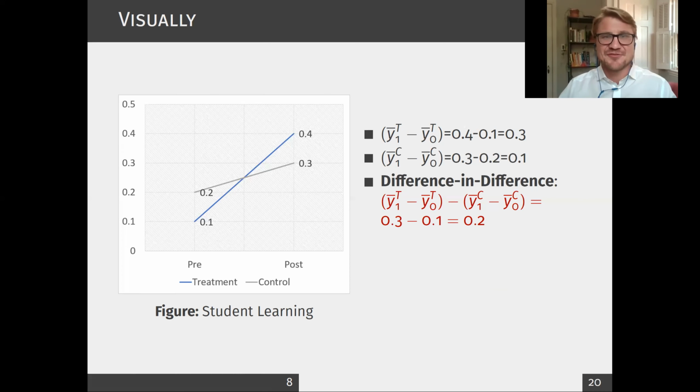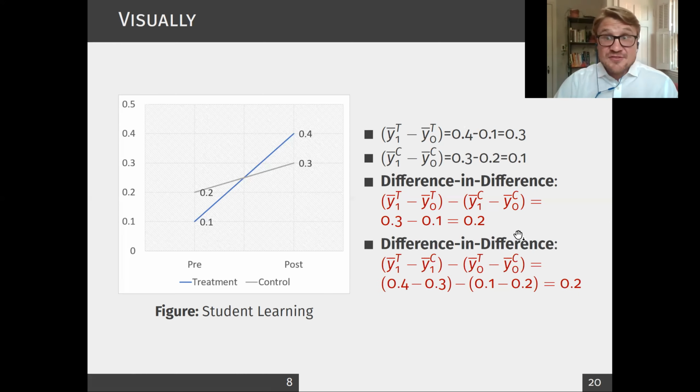There are actually two different ways of doing this difference in difference, and you get the same answer. You can either look at the trends over time, right? The change in the treatment group subtracted by the change in the control group, or you can look at the difference between treatment and control in the post period and subtract from that the difference in the pre-period. In the post period, comparing treatment versus control, the girls are doing slightly better than boys, 0.4 minus 0.3 is just 0.1.